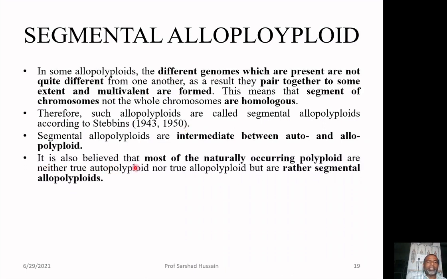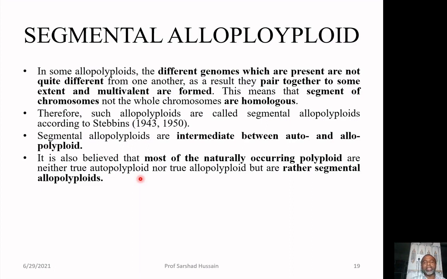It is also believed that most of the naturally occurring polyploids are neither true autopolyploids nor true allopolyploids, but are rather segmental allopolyploids, because this is the most probable answer to the mixing of genomes from different species, because totally different genomes from different species will not normally come together and will not make the individual survivable in the F1 hybrid.